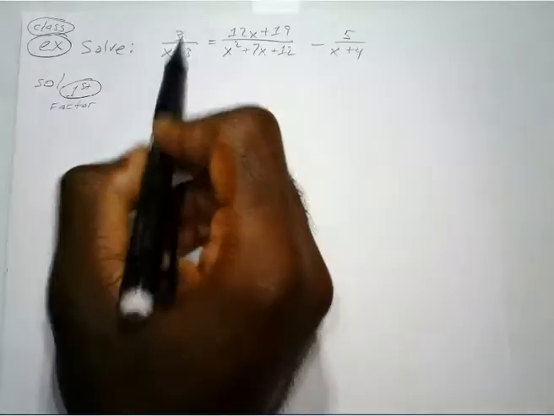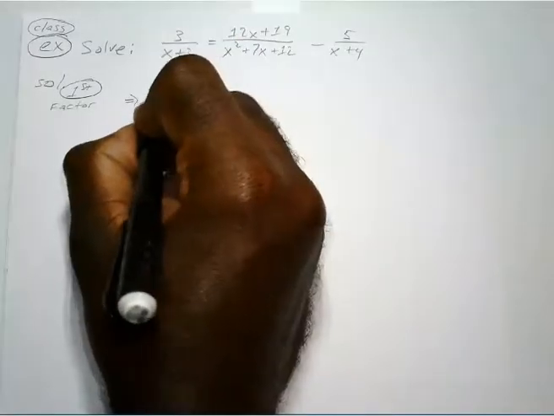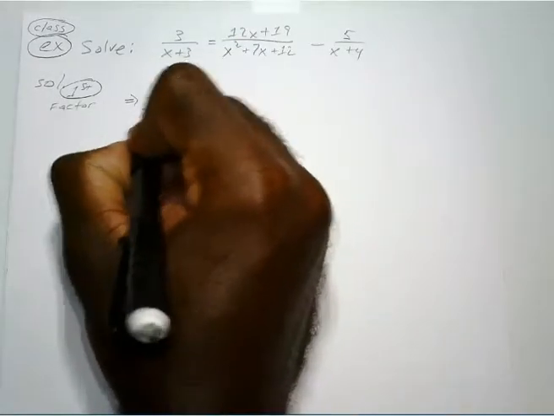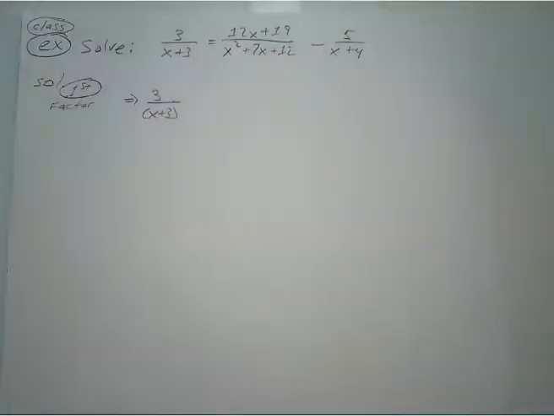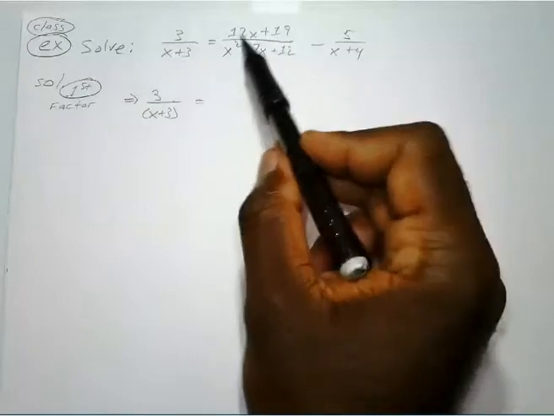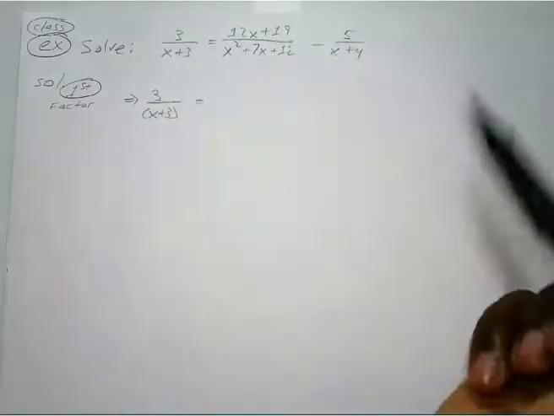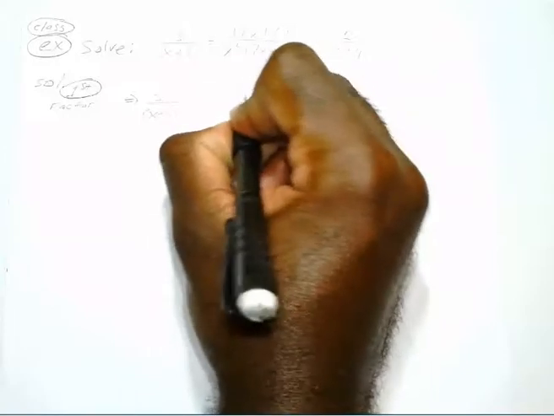Okay, so you have 3 over x plus 3, can't really be factored anymore, so we can leave that the way it is. 3 over x plus 3 equals 12x plus 19. There's nothing in 12 and 19 that could factor out, so we can write that the way it is.